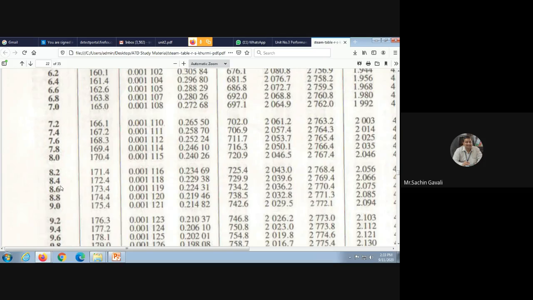So 8.5 bar, whether it's available or not available. But what is available? 8.4 and 8.6. Its mean, its average, will be 8.5.